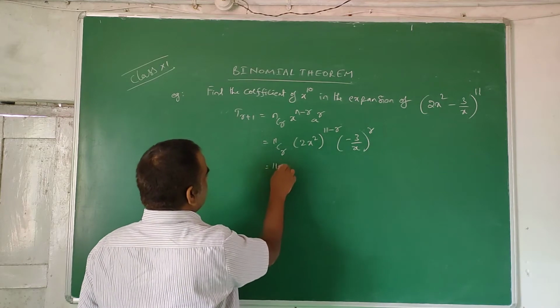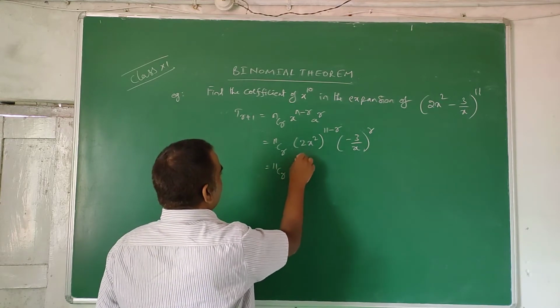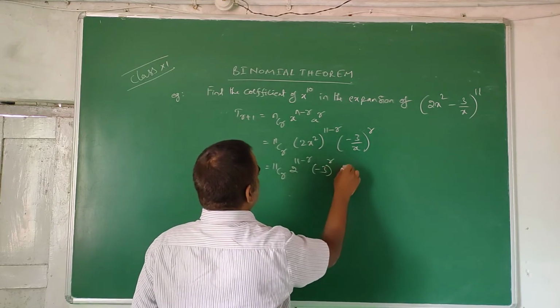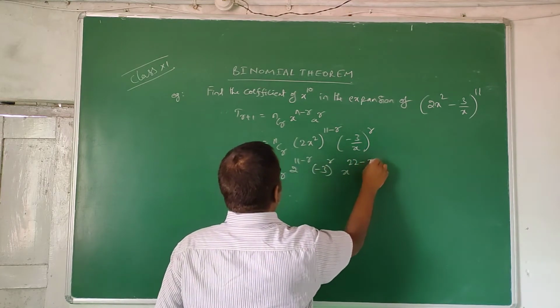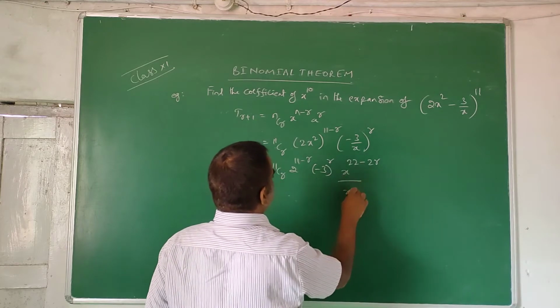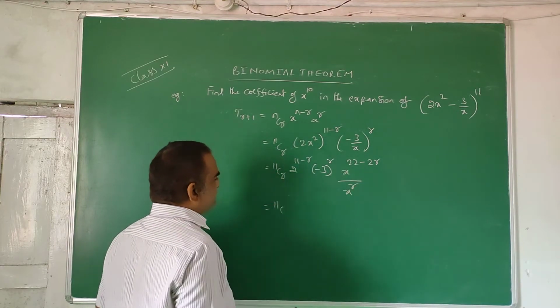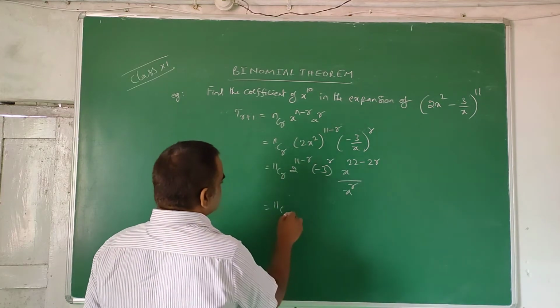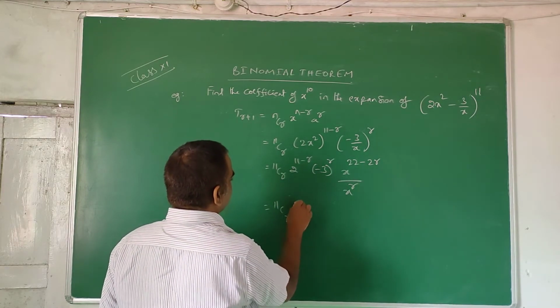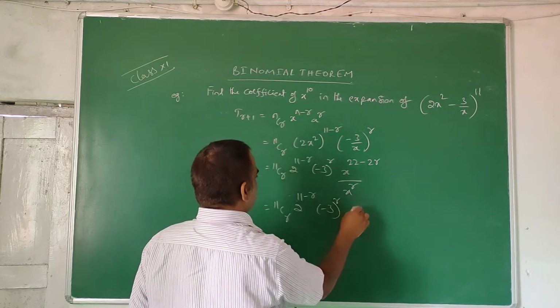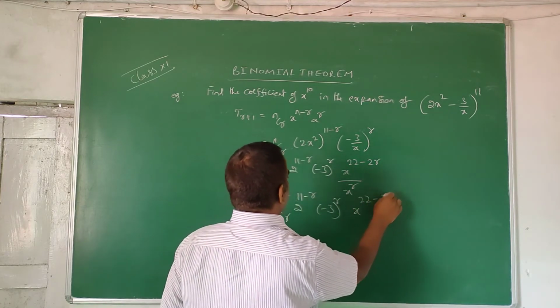So 11Cr, 2 to the power of 11 minus r, minus 3 to the power of r, x to the power of 22 minus 2r by x to the power of r. I am regrouping the terms like constants and variables. So 11Cr, 2 to the power of 11 minus r into (minus 3) whole to the power of r, into x to the power of 22 minus 3r.